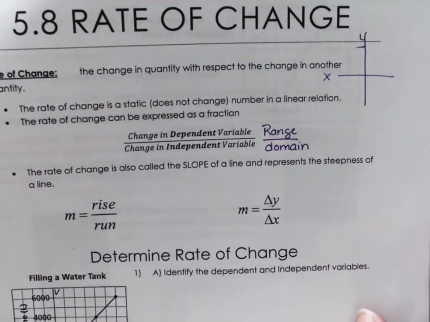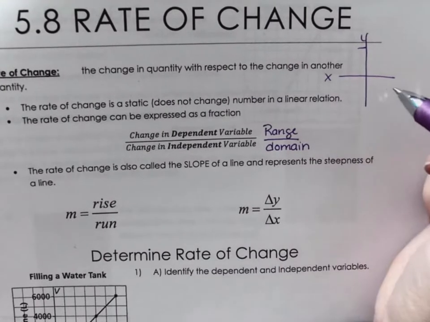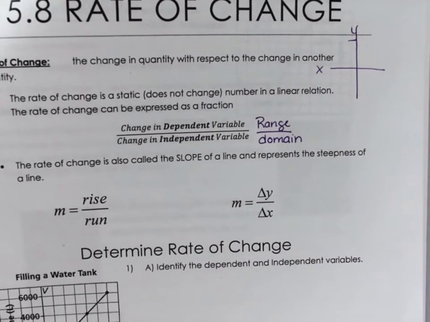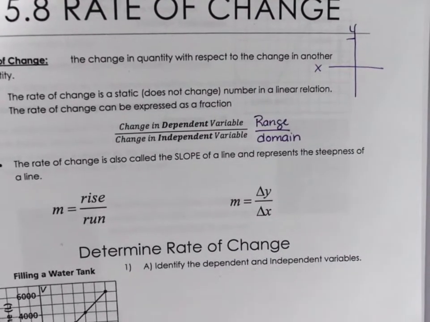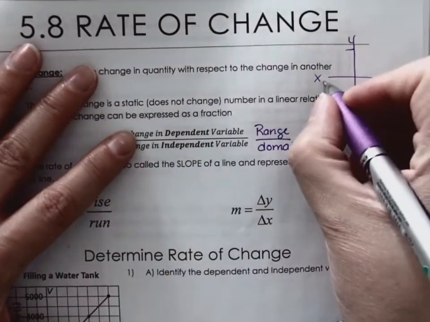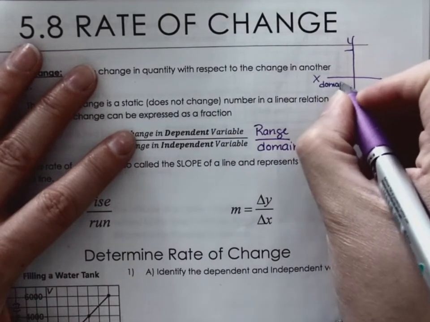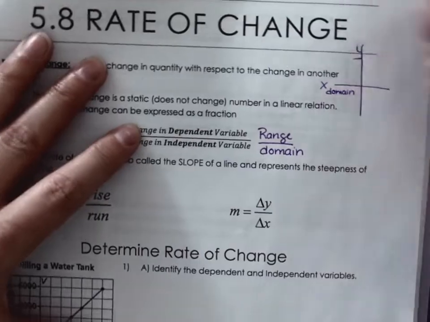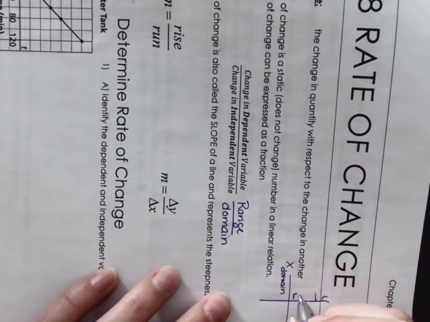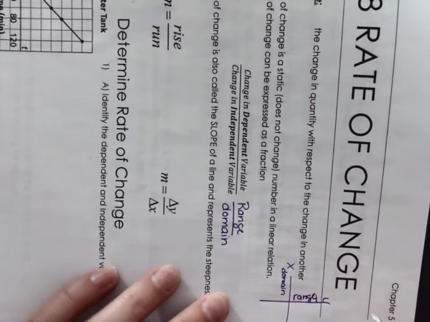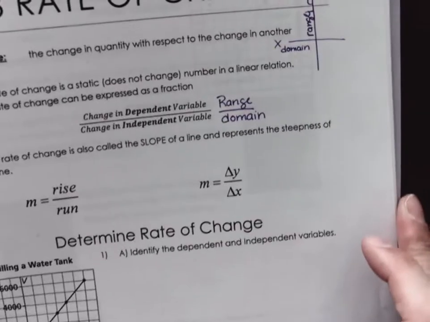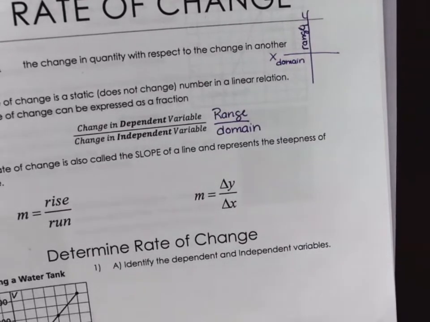Which one's associated with domain, the x or the y? X. So this is our domain. And the y is associated with our range. Sorry, I'm spinning that around. Had to write it sideways.